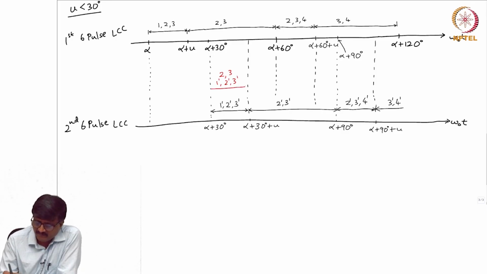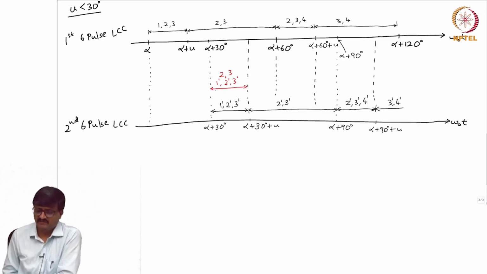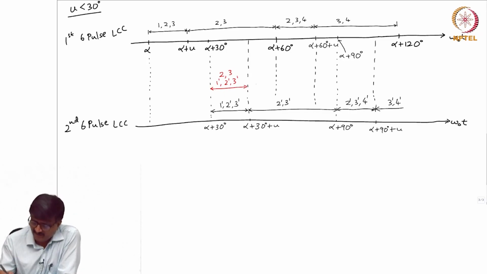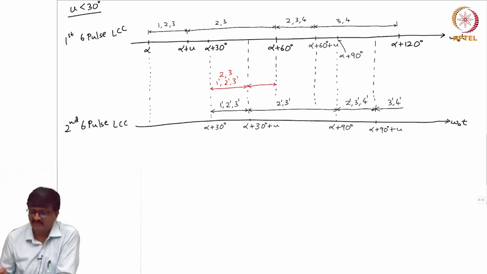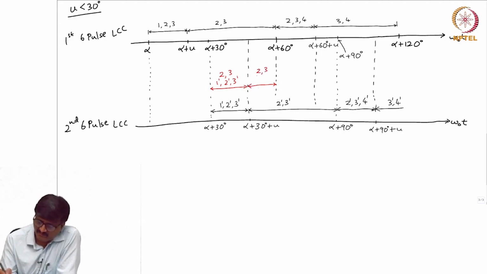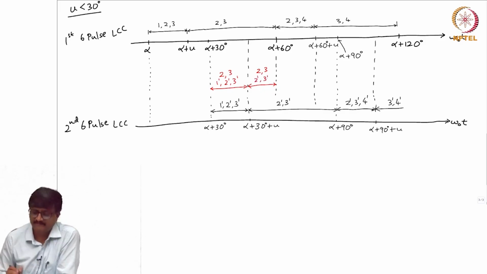This is from alpha plus 30 to alpha plus 30 plus u. Then if you take alpha plus 30 plus u to alpha plus 60, it is 2, 3, 2 prime, 3 prime.